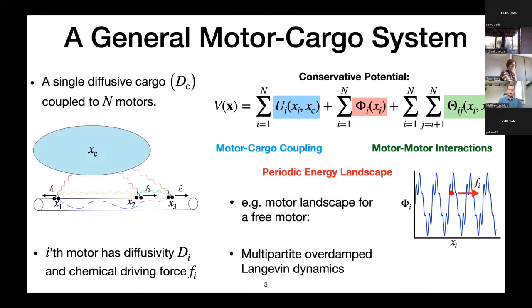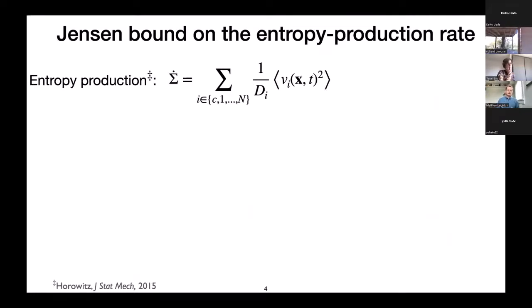Finally, we assume that all the components of this system evolve according to multipartite overdamped Langevin dynamics. For multipartite dynamics, we can write down an expression for the total entropy production rate by this system as a sum of terms due to the entropy productions of each component comprising the collective system.